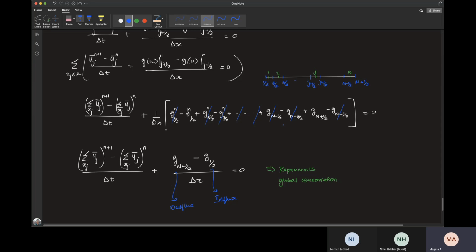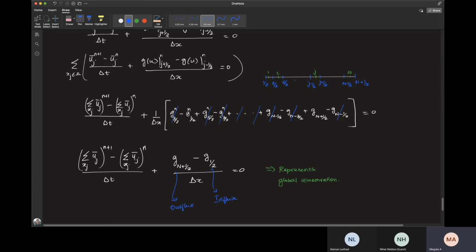The fluxes between cells get collapsed when you combine them. Finally you end up only having the fluxes at the boundaries of your whole physical domain, that is g at n plus half and g at half.